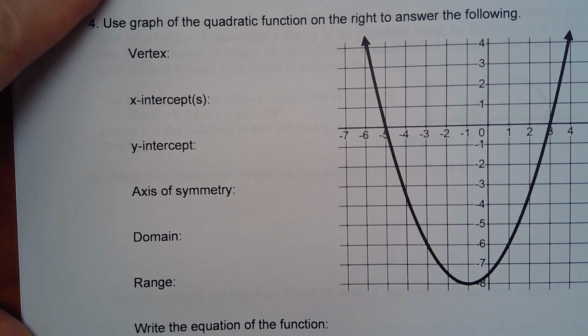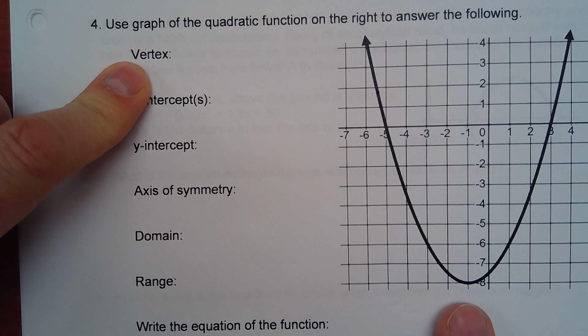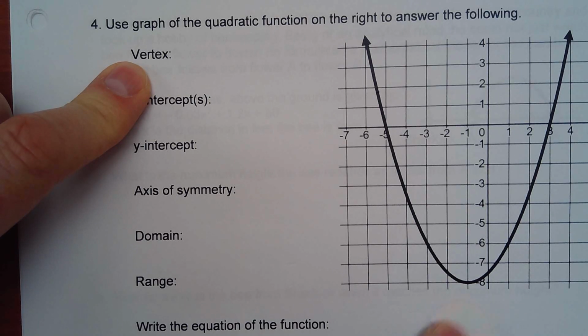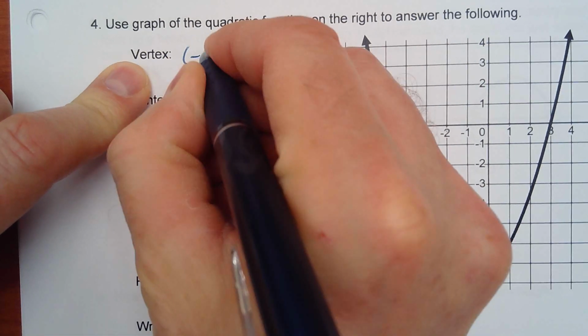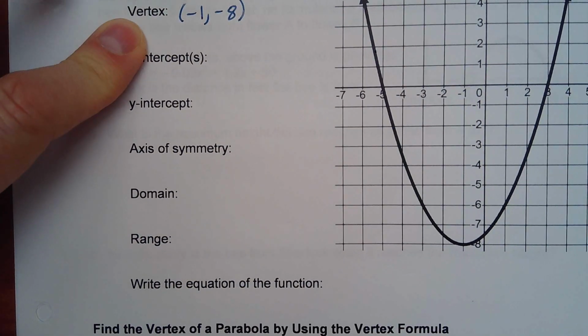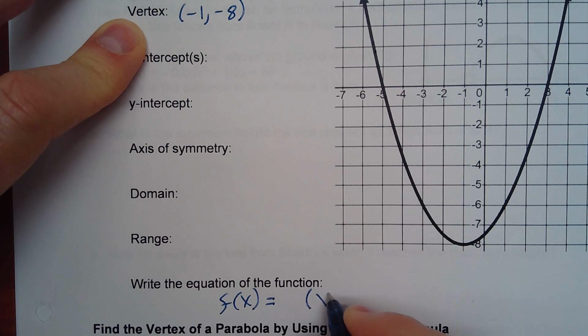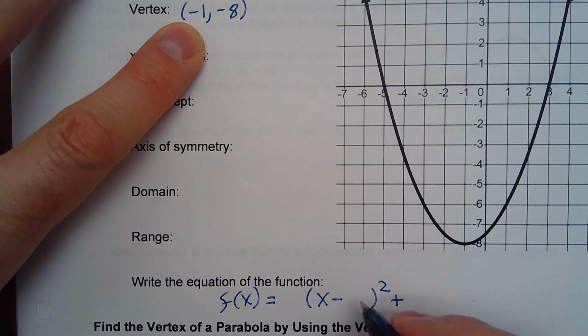So here we're doing the same thing. My vertex, negative 1, negative 8. So in fact, in terms of writing the equation, we almost have it. Here my h is negative 1.